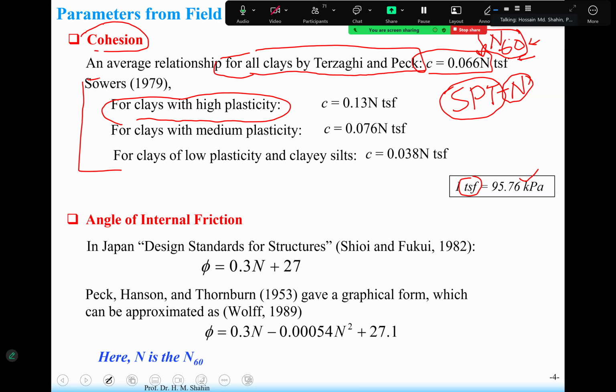Though LL is not given, you can see whether this is CH or MH. MH means high plastic silt. CH means high plastic clay. So for this one, the equation that you will use is 0.13 N TSF.